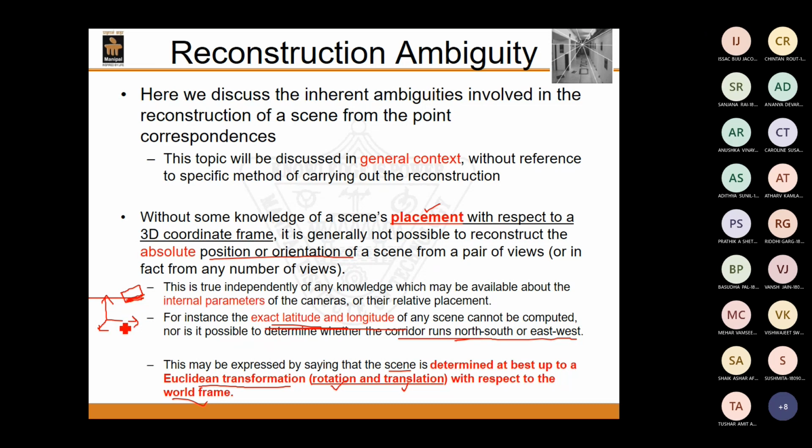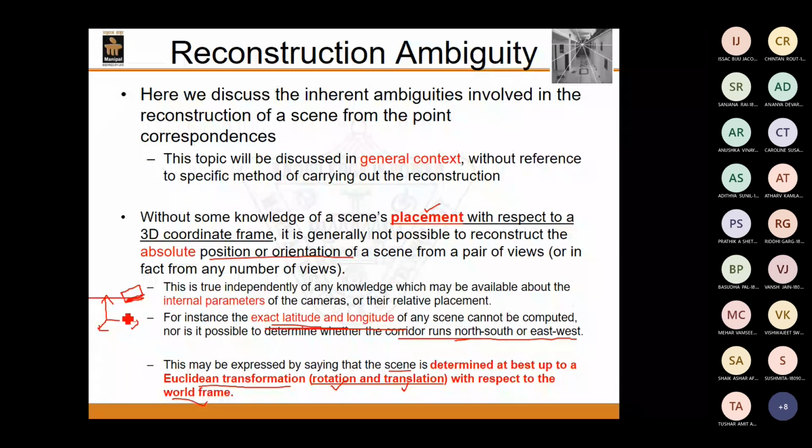So that is one reconstruction ambiguity, where the reconstructed scene is up to a Euclidean transformation with respect to the world frame. If I apply a rotation and a translation to the reconstructed scene, then we can say it is a Euclidean transformed image of the world, with respect to the world coordinate system.